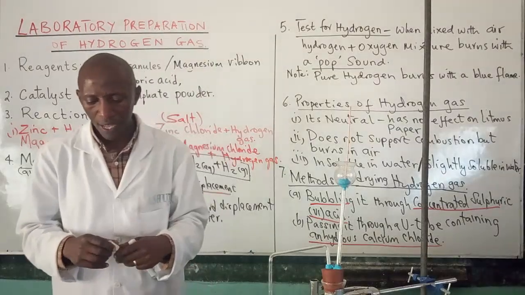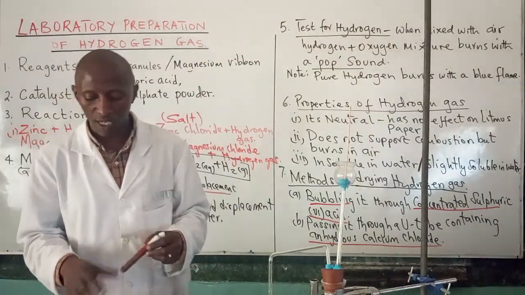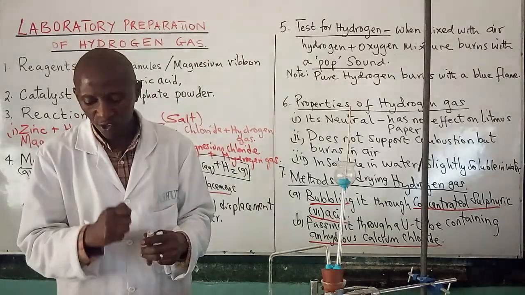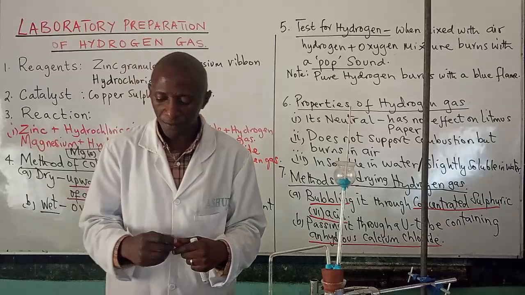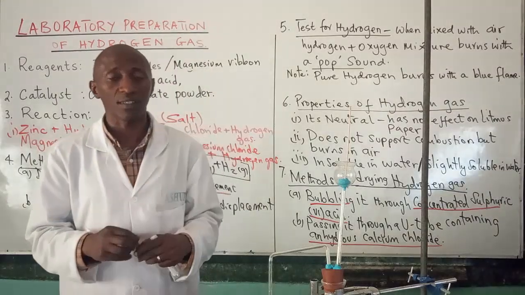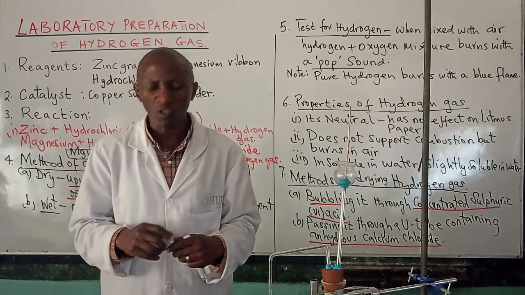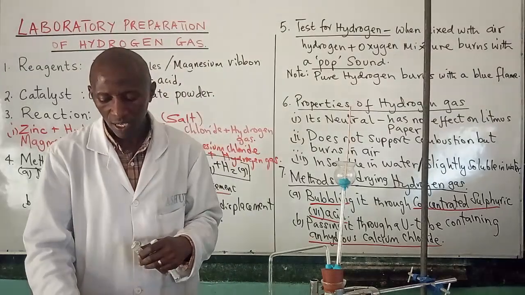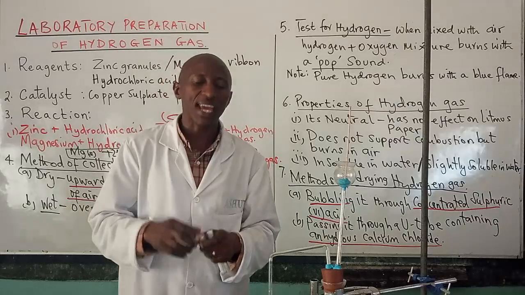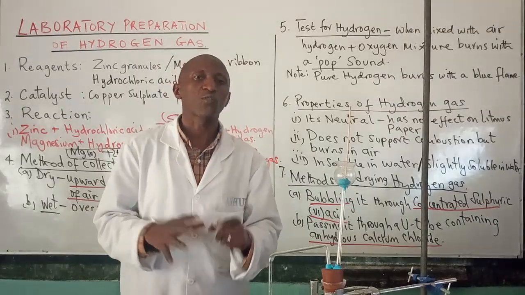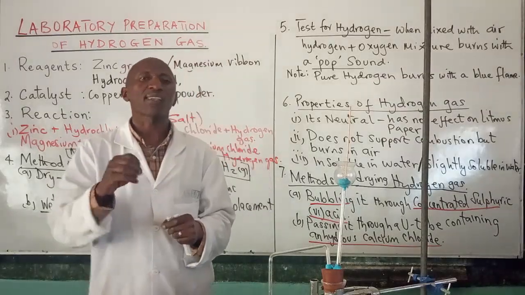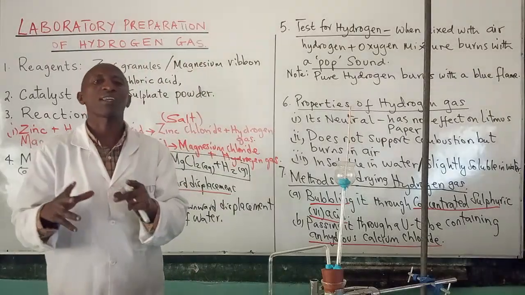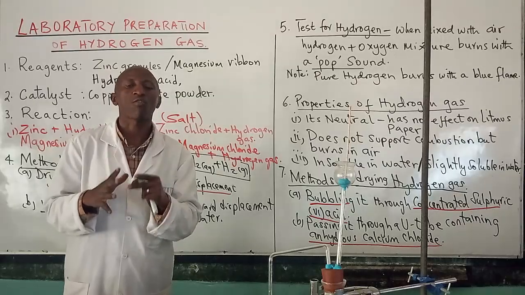Now we also have hydrogen being used in the hydrogen flame. This is a flame that is quite hot in the temperature range of about 2000 degrees Celsius, which can be used in welding and at times cutting metals. So in a nutshell, those are some of the uses of hydrogen, both industrially and maybe from a local or small scale perspective.